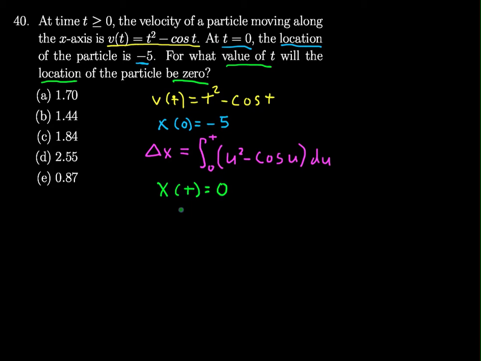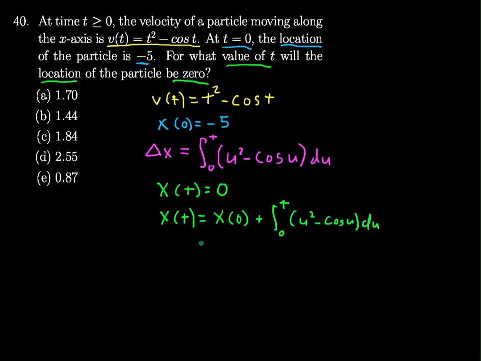But I also know that my location at any time t will equal the location at time 0 plus my delta x, or plus the displacement, the integral from 0 to t of u squared minus cosine of u du. And from here, I can start to try to solve this, so let's break this down a little bit.